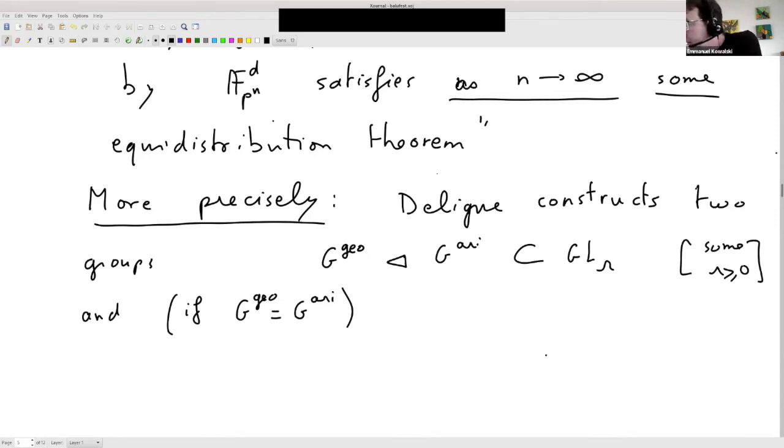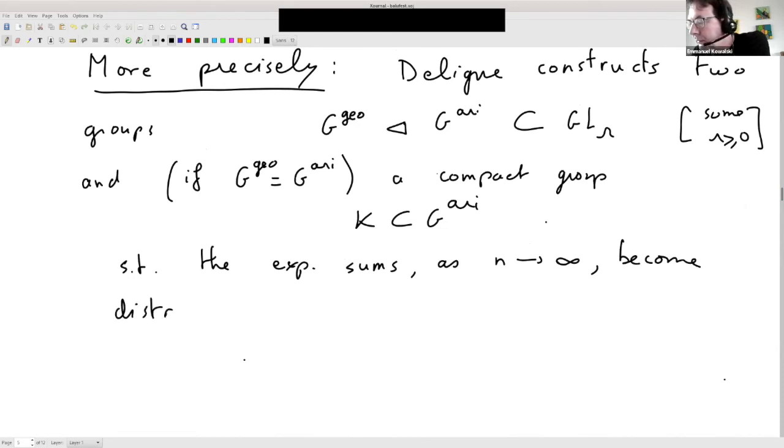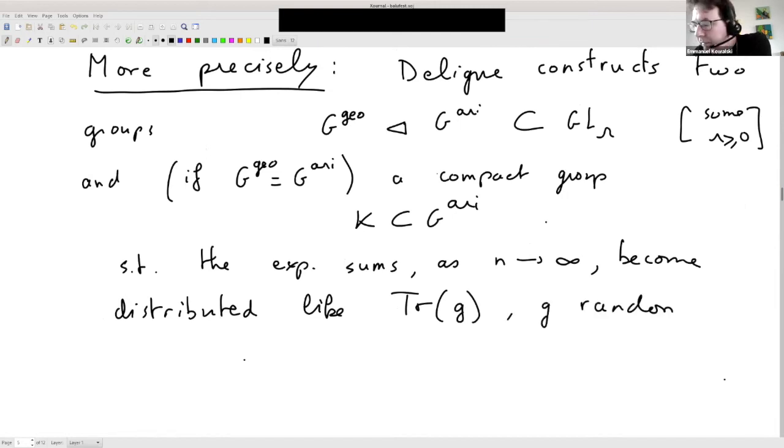And if they are equal, there is then a compact group, a maximal compact group in this common group, so let's say in G_geom, such that the exponential sums, as n goes to infinity, when we vary, become distributed like the trace of g, where g is a random element in the group capital K. And by random element, this means chosen according to the probability measure, the invariant probability measure, the Haar measure on K.